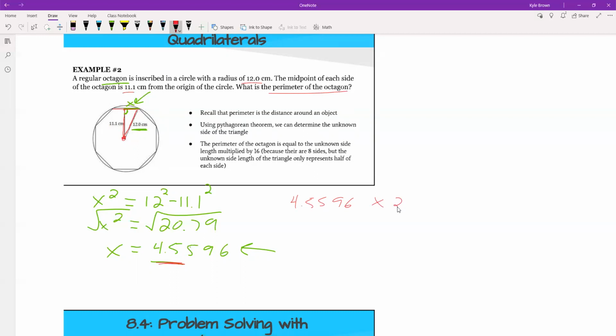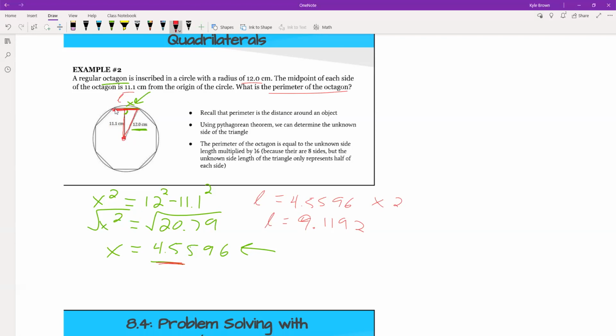I'll call that the length. So the length would be 9.1192, leaving a bunch of digits there. That's what this length is up here, the top of that side.